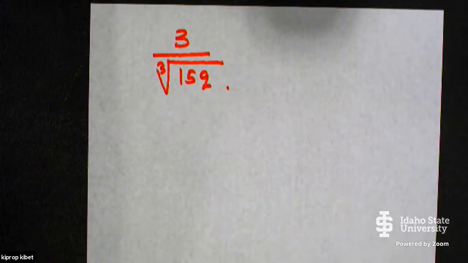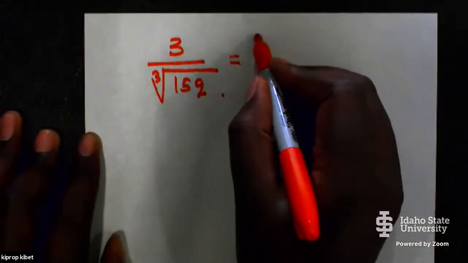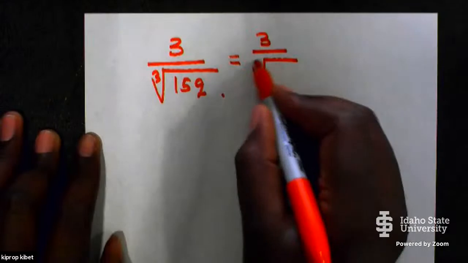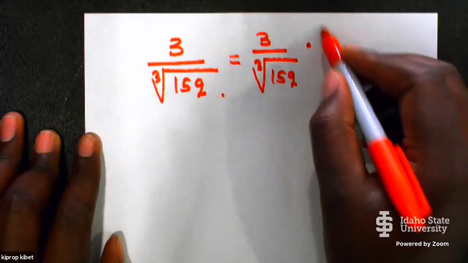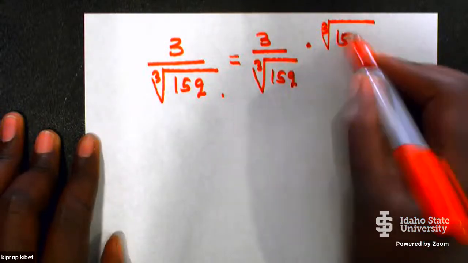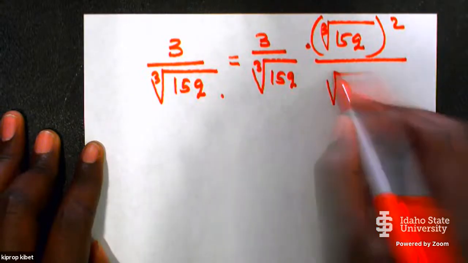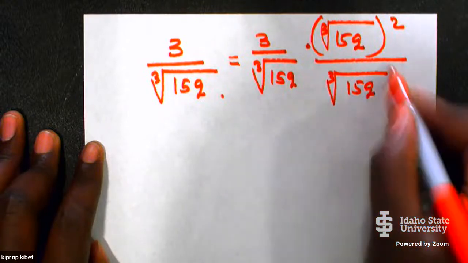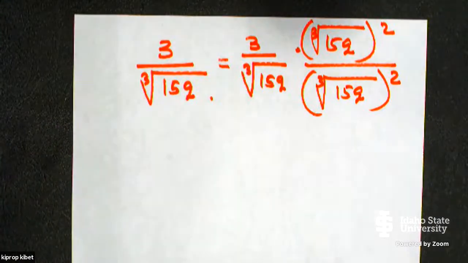So what we do is, this one is similar to 3 all over the cube root of 15q times the cube root of 15q squared all over the cube root of 15q squared.